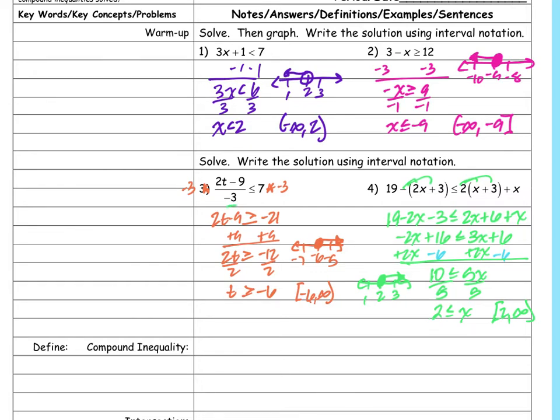So when I multiply by that negative, my sign switches directions. Does that make sense? Are you okay with that? Yep. Okay, great. We just don't multiply that often. That's why we don't think about it. We mostly divide, but if we do multiply by a negative number, I still have to flip the sign. So that's all.